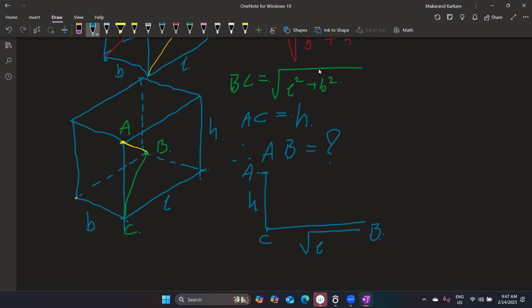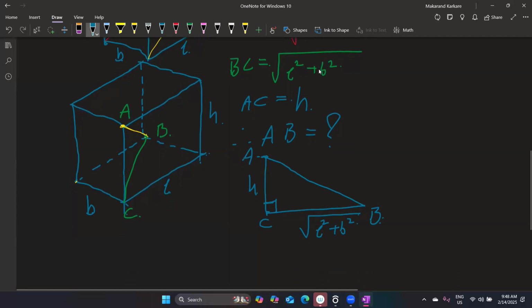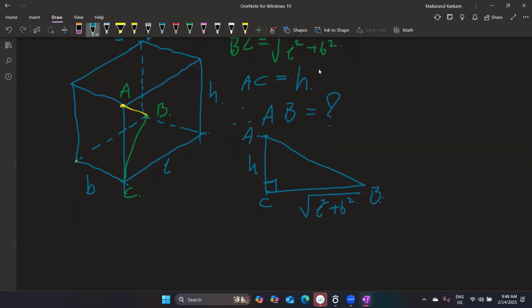This is root of L square plus B square. And this angle is 90 degrees. So can we find the length of AB? It will be the square root of H square plus L square plus B square. Okay, this is nothing but what is called the body diagonal.